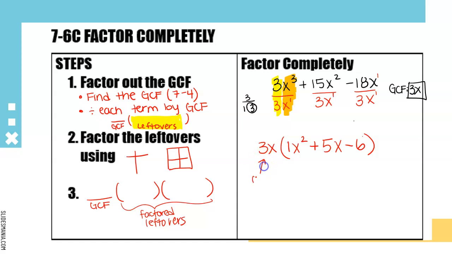So this is my GCF, and these are my leftovers. What you'll notice is the leftovers now are a quadratic. A quadratic means it's a degree 2. So we have that power of 2, which is a good sign that we can use a box.